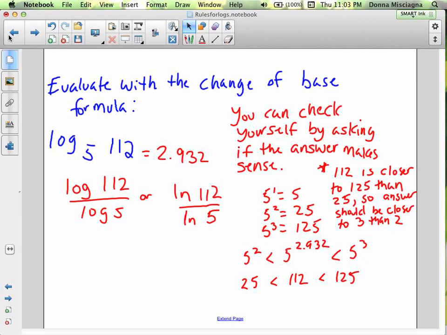Does your answer make sense in terms of where that number is located between two numbers that you do know the exponent for? Like in this case, 5 squared is easy, 5 cubed is easy, anything that's an integer is easy, right? And then you can see, does your answer fit with known values of some base raised to a power?